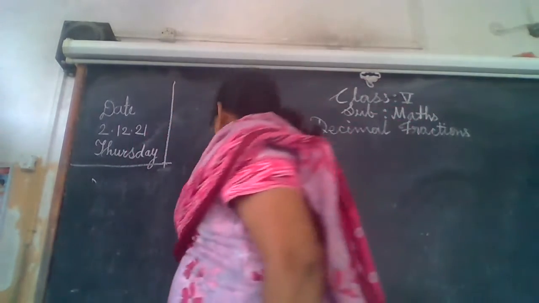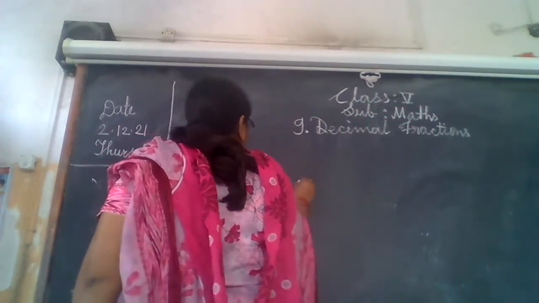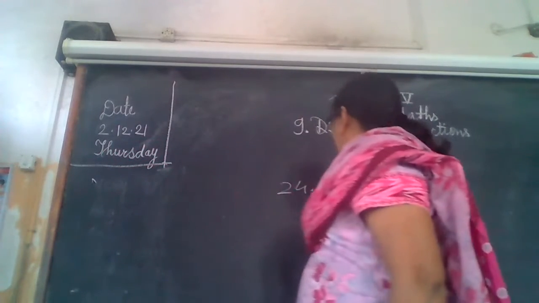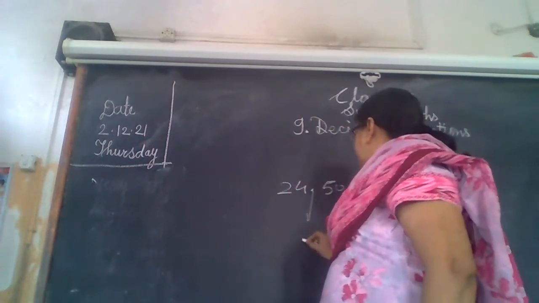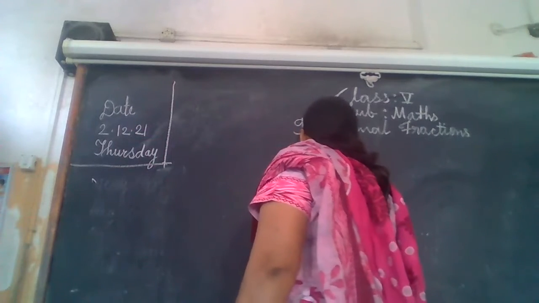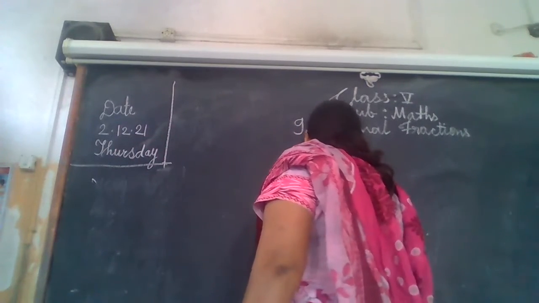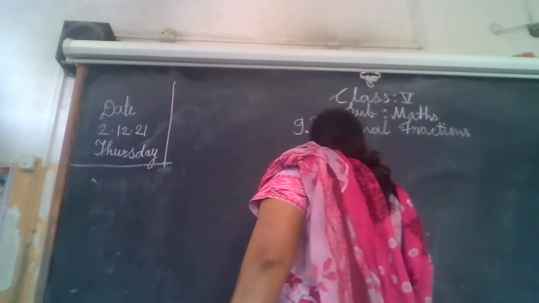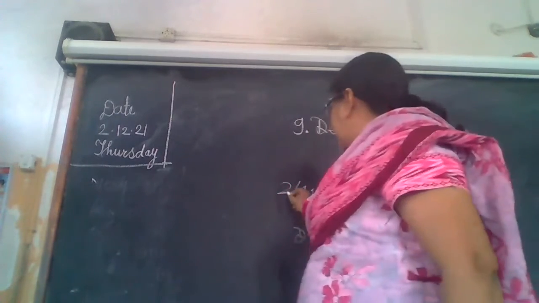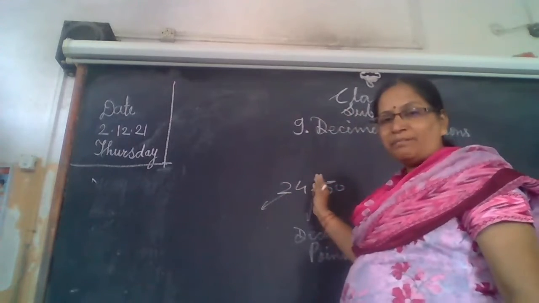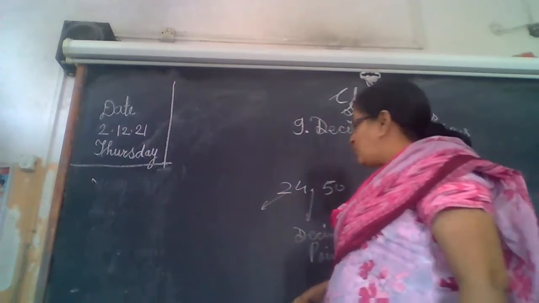See, a number, for example, 24.50. So this is known as the decimal point. This 24 means the number before the decimal point is a whole number.